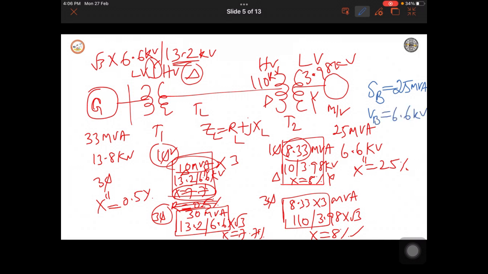So the whole power system, see how many parts it has. Wherever a transformer comes, it divides the power system. This is the first part of the system, and from here to here is the second part of the power system, and from here onwards, the third part of the power system.